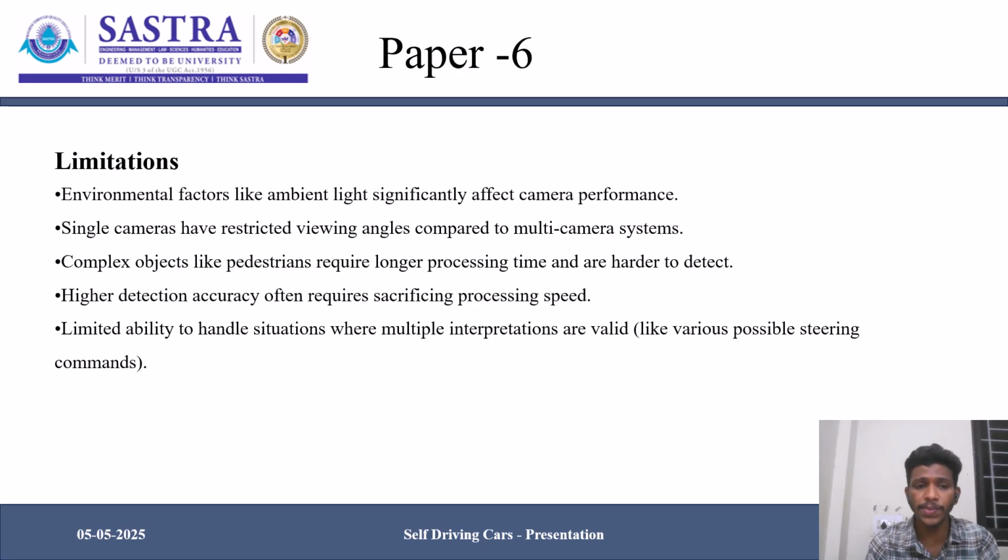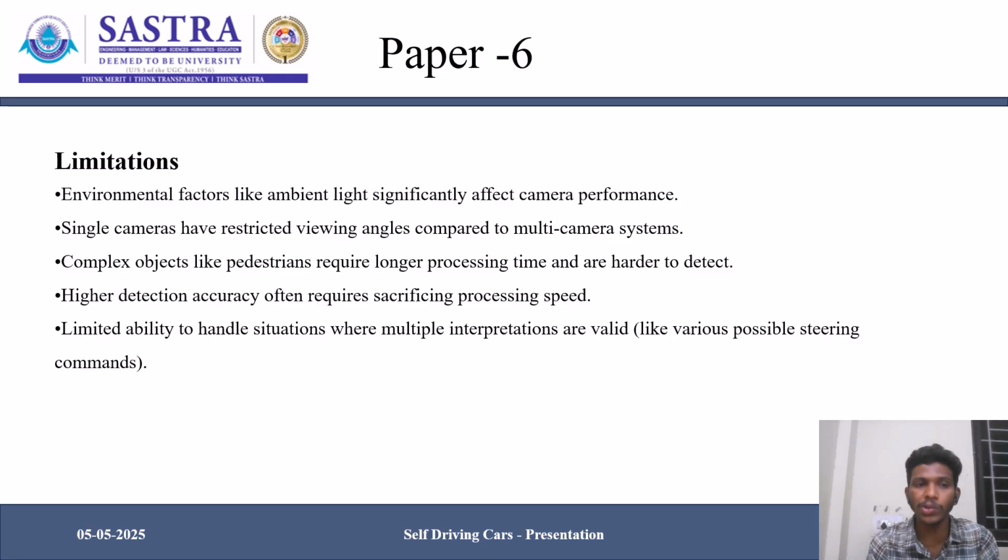The limitations of this paper are that environmental factors like ambient light significantly affect camera performance. Cameras have restricted viewing angles compared to multi-sensors, because in multi-sensor we have lidar on one side and radar on the other, so both regions were covered by the two sensors, but with a single camera we can only detect 180 degrees.